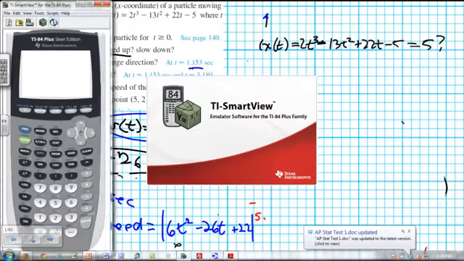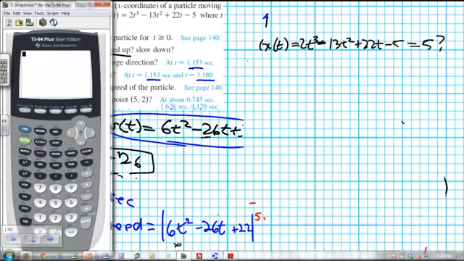Okay. So we see our equation, and my tendency is to want to put it in cubed minus 13t squared plus 22t minus 5, minus 5.